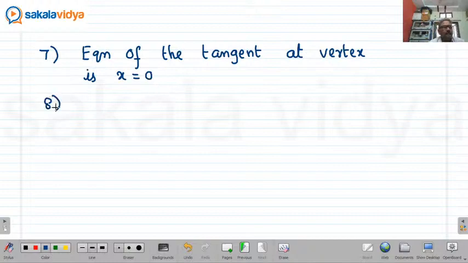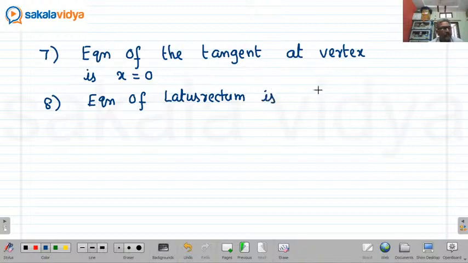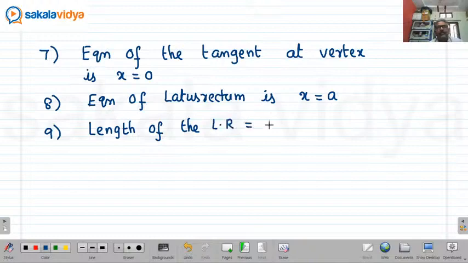Next, eighth one, the equation of the latus rectum is x equals a. Ninth one is the length of the latus rectum, which equals 4a.